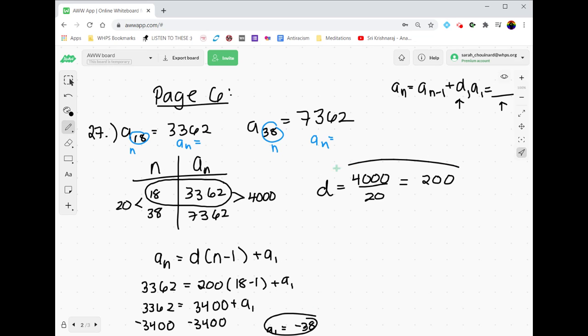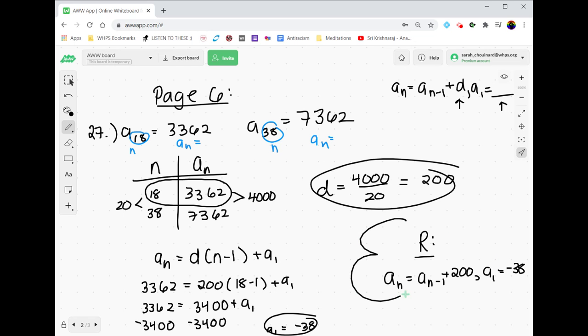So now I know what d is and I know what a sub 1 is. To write the explicit, nope, not the explicit rule. To write the recursive rule, all I'm going to do is plug those parameters in. So a sub n equals a sub n minus 1 plus d, which is 200, comma, a sub 1 was negative 38. So that's going to be the answer to this question.